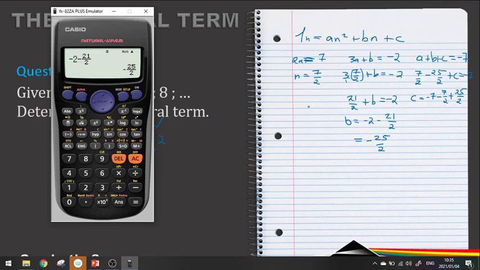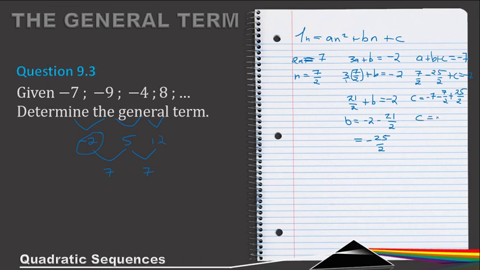And then if we add all of that, so minus 7 minus 7/2 plus 25/2, that gives us 2. c equals 2. And then just substituting into our general formula, Tn is 7/2n squared minus 25/2n plus 2.